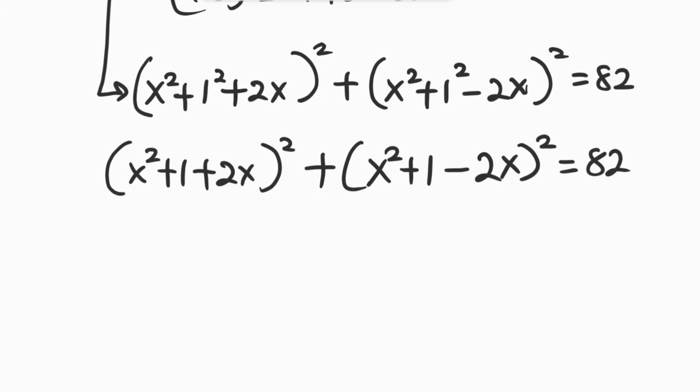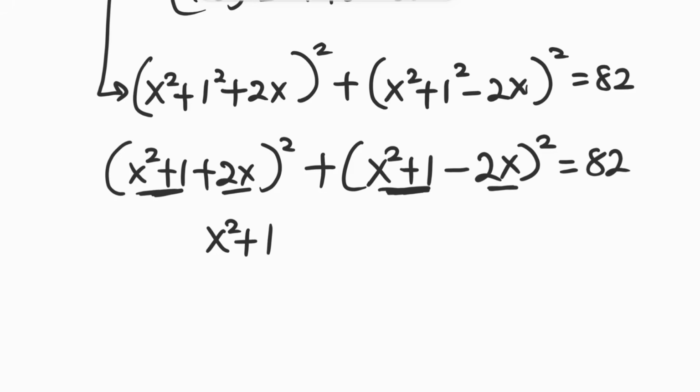Now let us rewrite what we have on the left hand side in such a way that it's easier to work with again. We have x^2 + 1 here and also here, and we have 2x here and there as well.